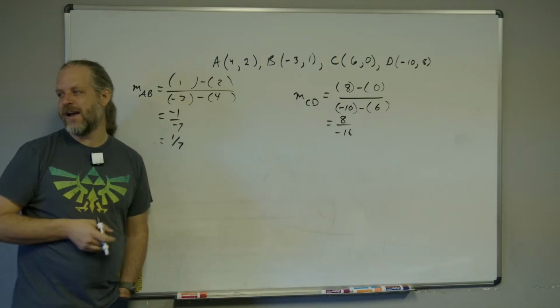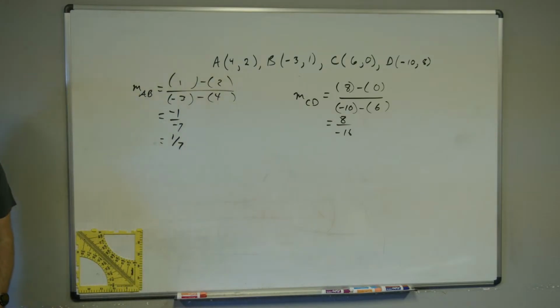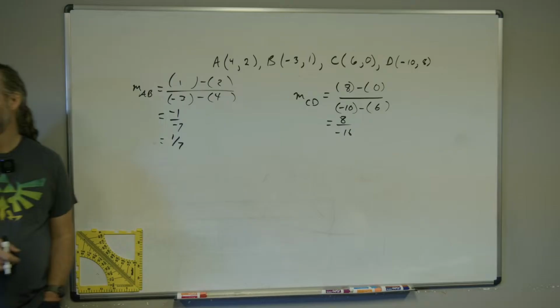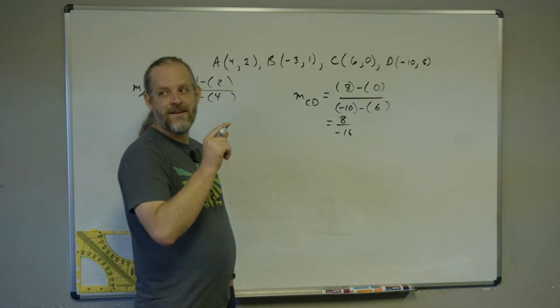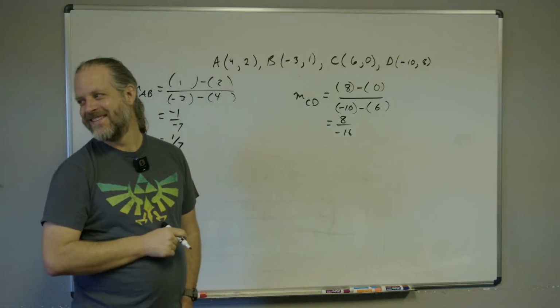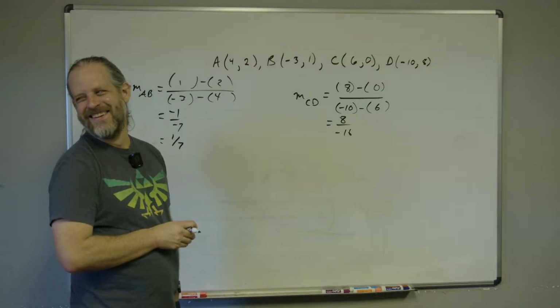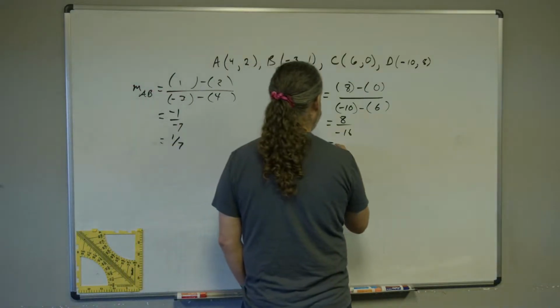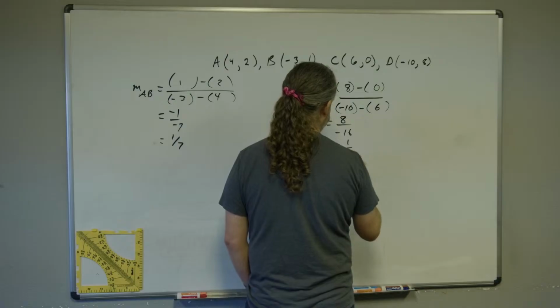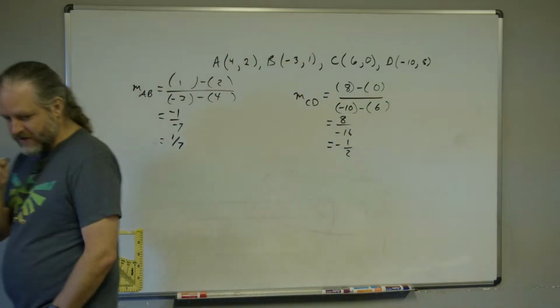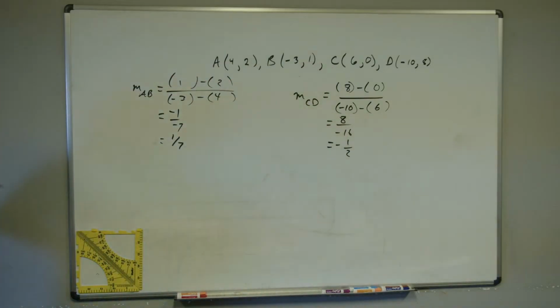We can actually reduce this by 8 even. Even further. 1/2, right? Negative 1/2. So, are they the same, or are they opposite reciprocals, or are they neither? They're neither. They're nothing.